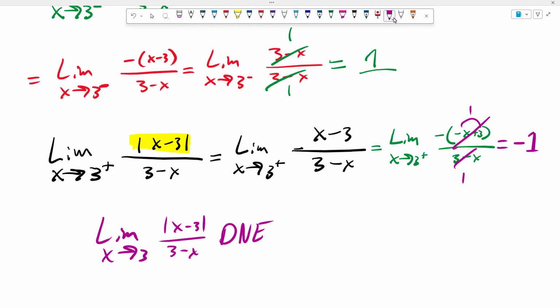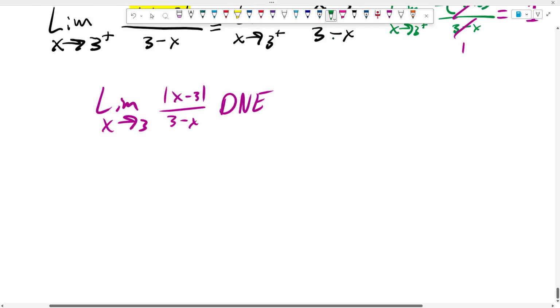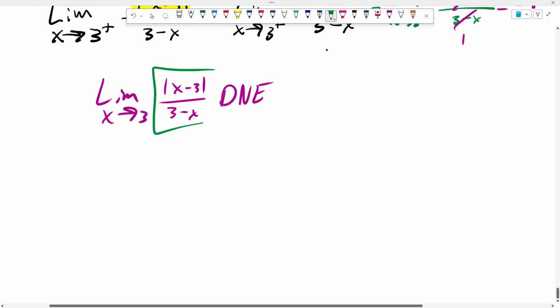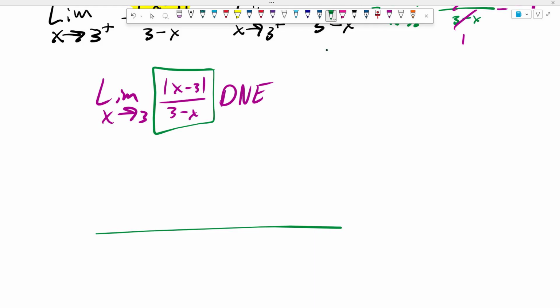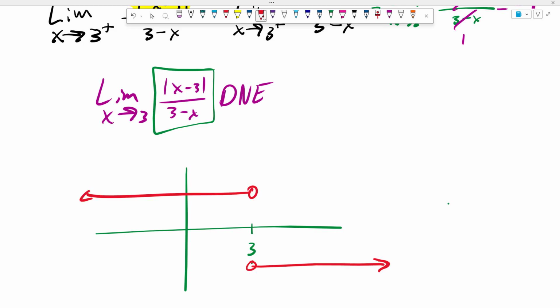Just to get an idea of this function right here, I think it looks something like this. Everywhere to the right. It's kind of a cool function. We're to the right of 3, it's always going to be -1, or to the left, +1. Okay, so what's this trick? We have to break up piecewise functions into its 2 pieces.